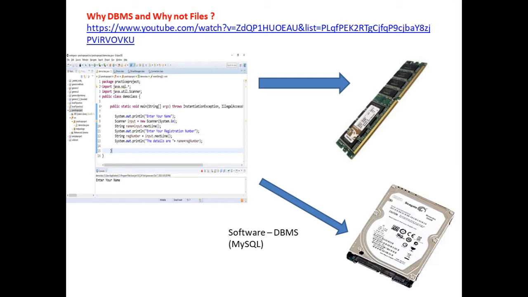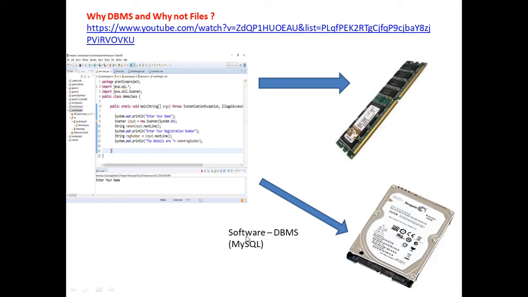So all these kinds of advantages exist, and I have charted all these things in detail in this video lecture. If you are interested in knowing the differences, you can visit this. So now our objective of using a database management system is to make our data permanent. No matter if we close the application and open it, our data should always be there for us.